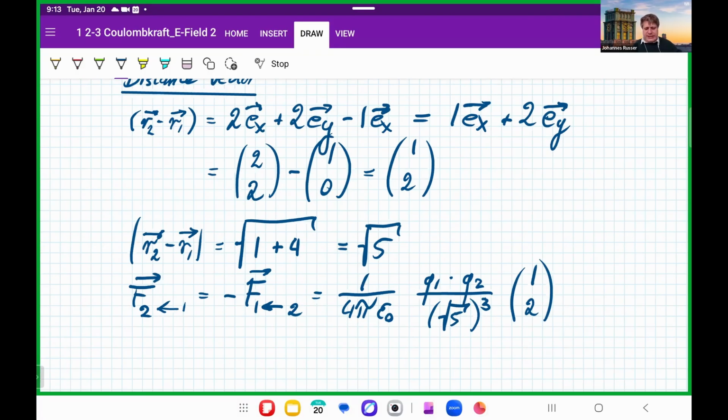Okay, so that is an example where you have used some specific coordinates. And now if you had also been given the values for the charges, you can obtain the exact force.